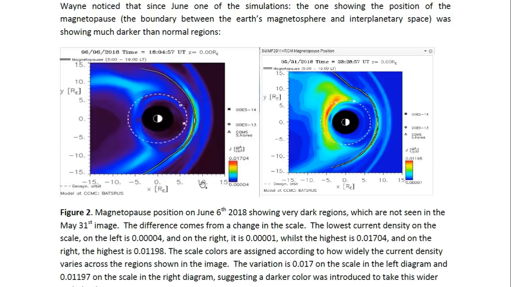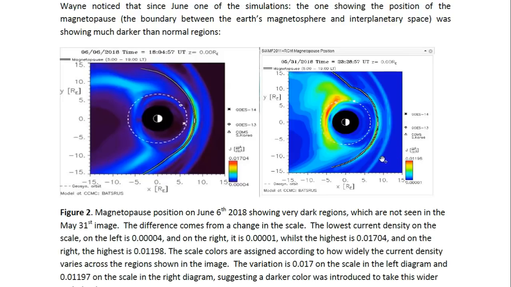But the colors are assigned so that we have a dark blue for density which is lower in this diagram than this purple, which is assigned to this number ending in 4. So when we first look at the diagram, we see purple, we tend to think that we have lower densities in this image than in that image.